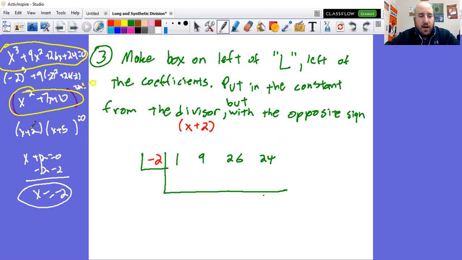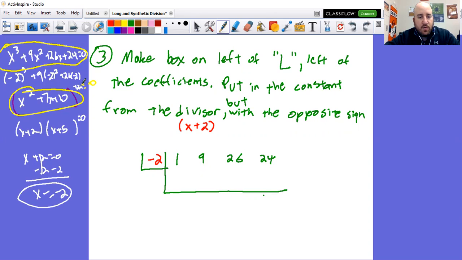So again, I'm already going to tell y'all that x plus 2, and if you remember from your long division, we know x plus 2 is a factor of this because it's going to divide evenly. So when we get the negative 2, another way to check it is, and we'll talk about this a little more next week, you can actually plug the negative 2 into all of this: x cubed plus 9x squared plus 26x plus 24.